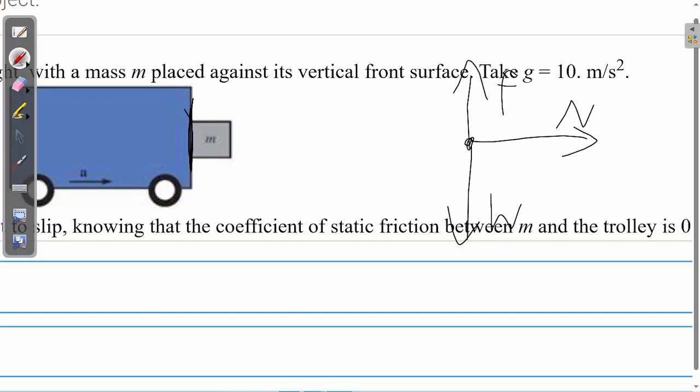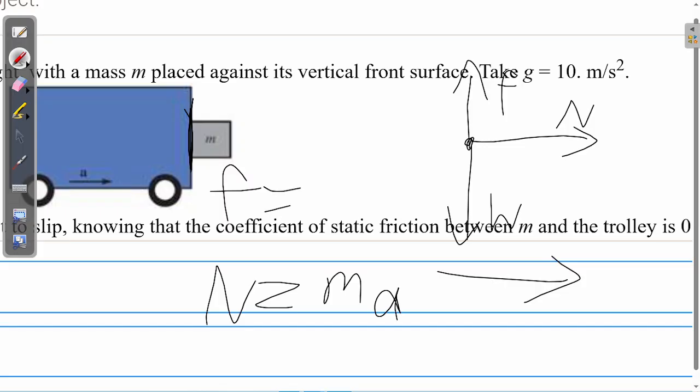Okay, so the motion is to the right, so N is equal to ma, and F is equal to the weight, right? Because they're not moving, so there's no acceleration.